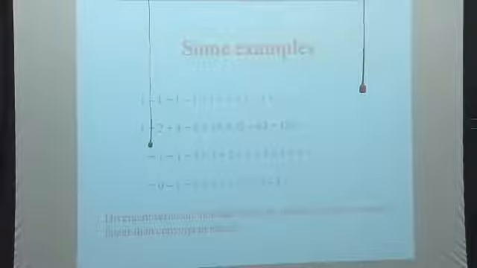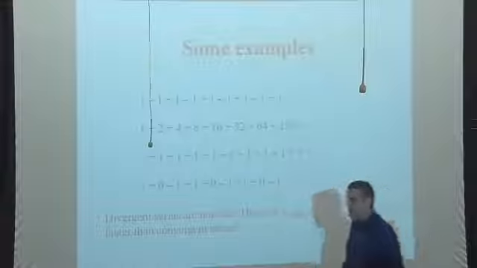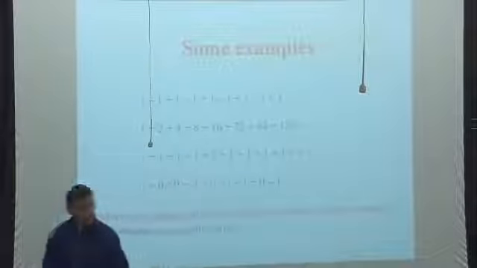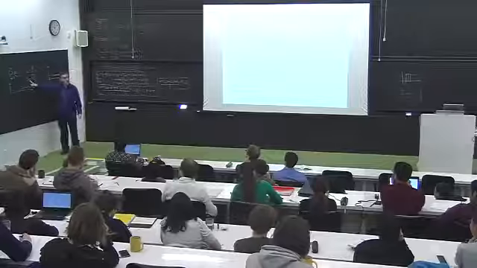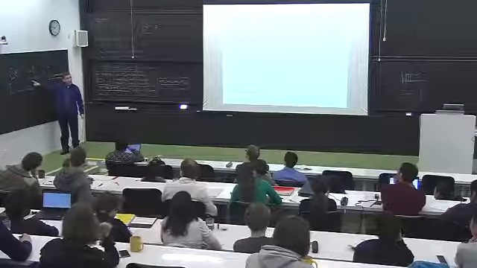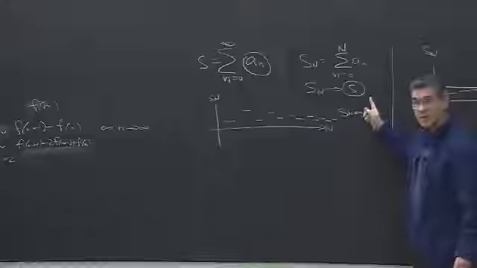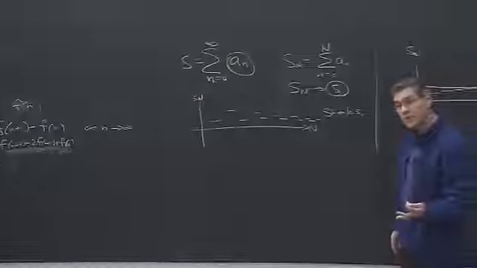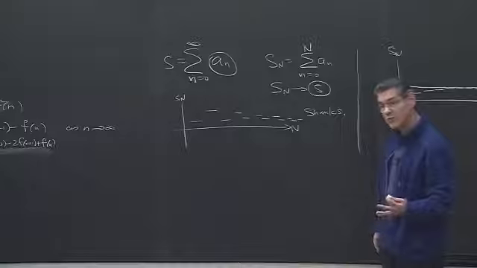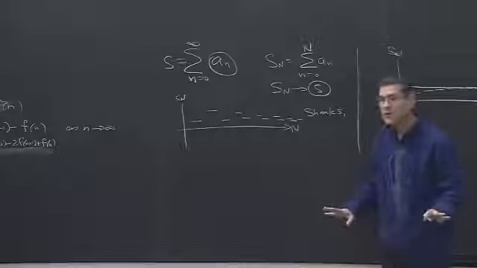Okay? So the point is, that's easy to define, a divergent series. What do you mean by a convergent series? The strict definition is this. A convergent series is one for which the partial sums converge to a limit. So the definition of a convergent sequence is perfectly clear.